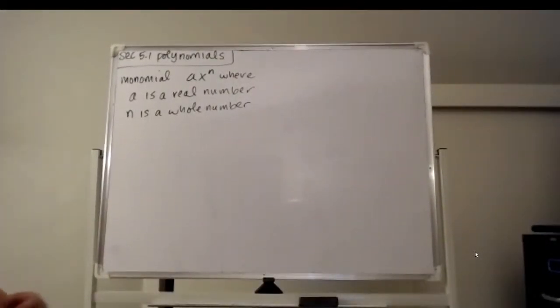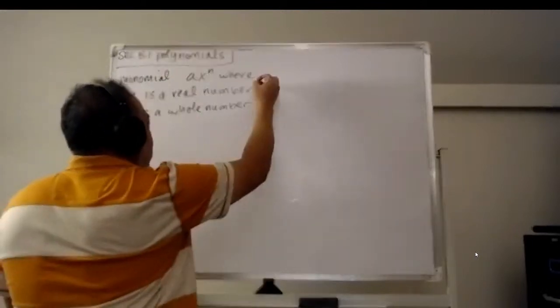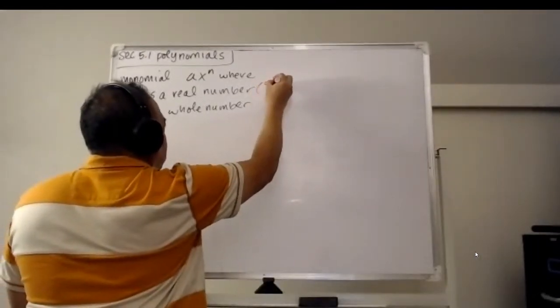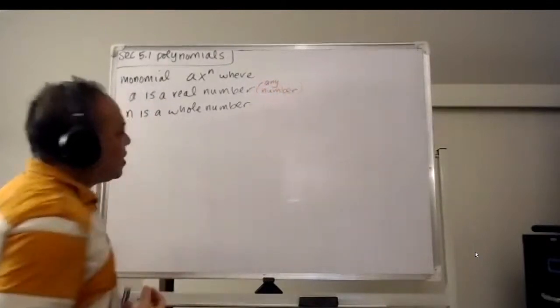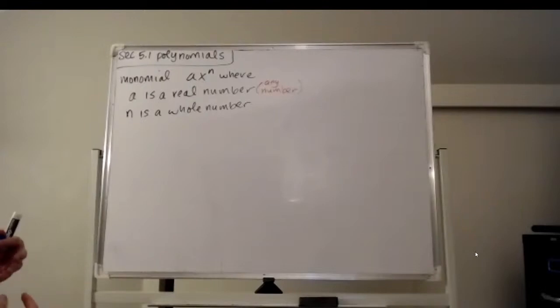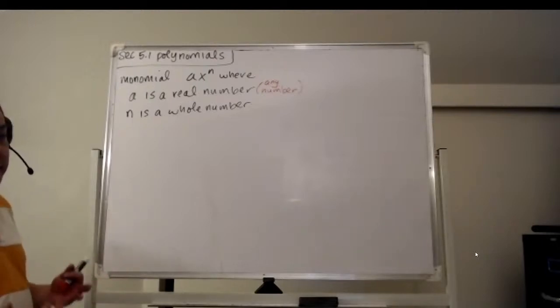So when we think about a real number, we're thinking about any number. We're thinking about fractions, decimals, irrational things that have square roots in them. So a real number is any number that you can think of for right now.